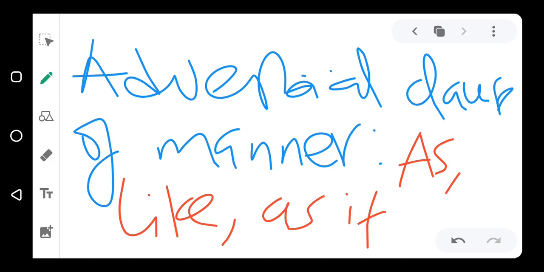We also have other types of adverbial clauses, but we are going to talk about only these four in this class.